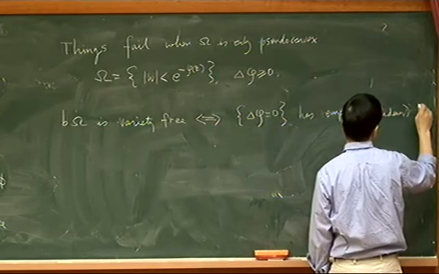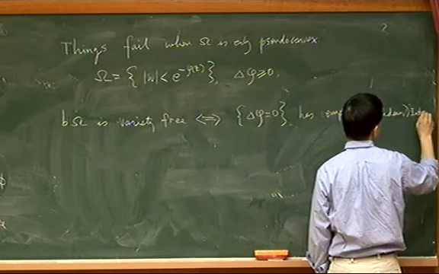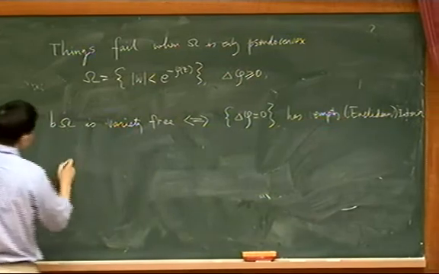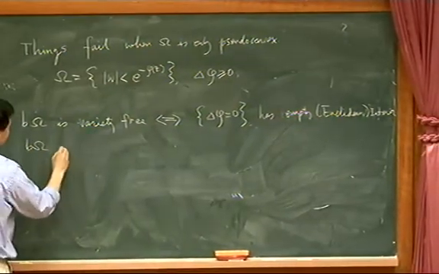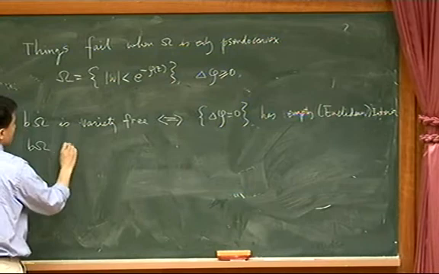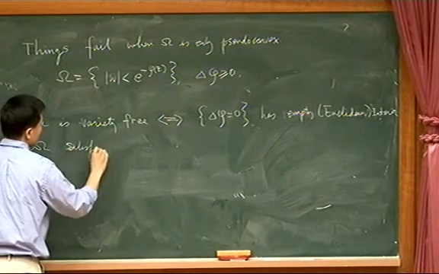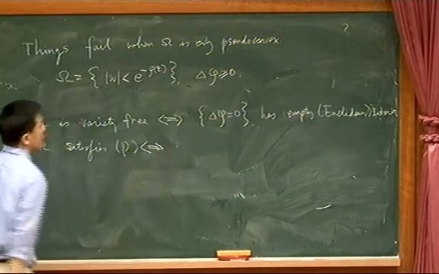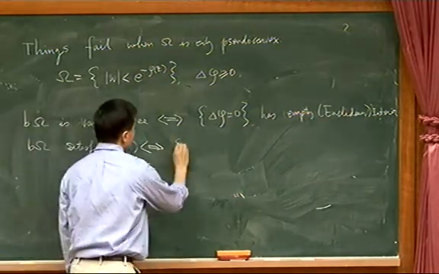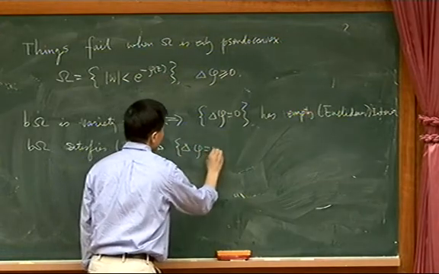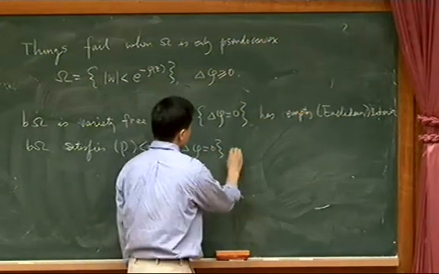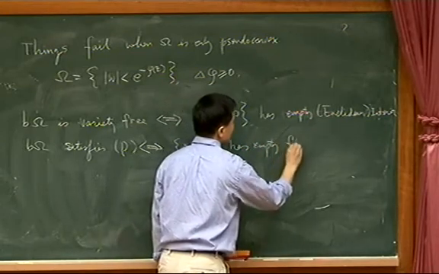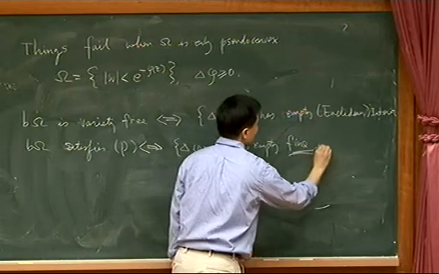Interior in the Euclidean topology. And then the boundary satisfies property P means that this has empty fine interior.